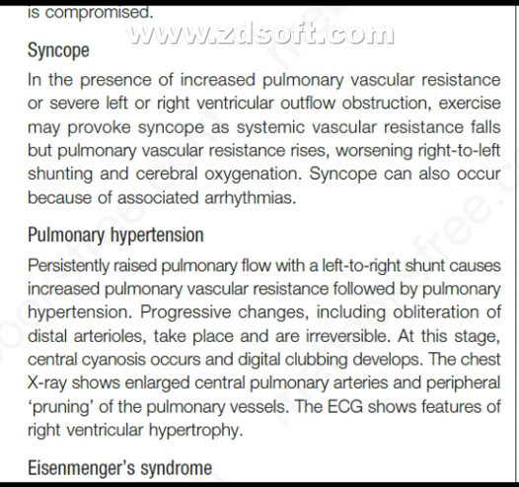At this stage, central cyanosis occurs and digital clubbing develops. The chest X-ray shows enlarged central pulmonary arteries and peripheral pruning of the pulmonary vessels. The ECG shows features of right ventricular hypertrophy.